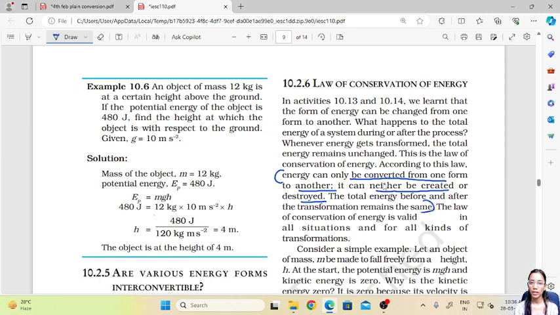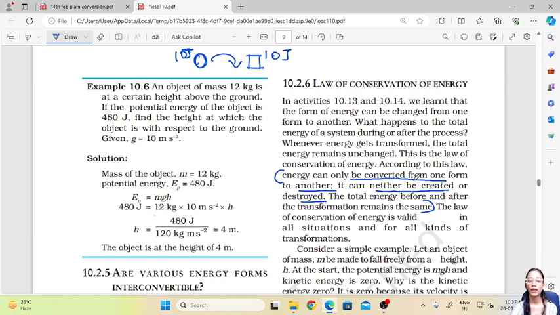So one form of energy can be converted to the next form of energy, but the total energy remains the same. If it was 10 joules over here, it will remain 10 joules over here. It will not change. The amount of energy will remain the same, only it is getting converted.